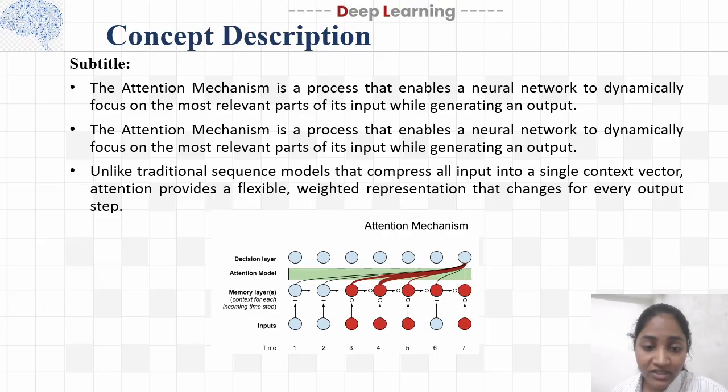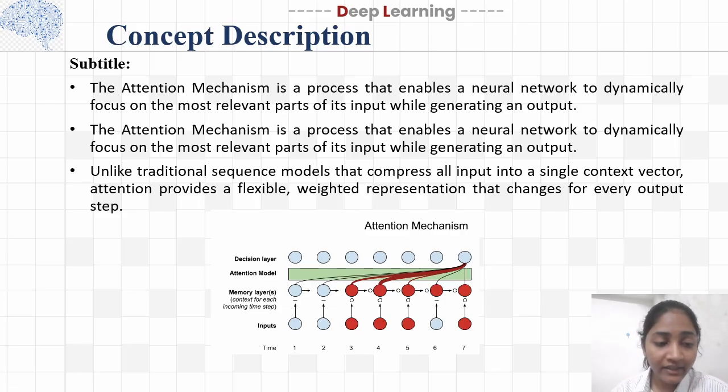Attention model, which is a green box, is where the attention computation happens. The model compares the current output query with all stored encoder hidden states to calculate alignment scores. The thickness of the lines is the attention weight: thick lines represent higher attention weight, thinner lines represent lower attention weight.